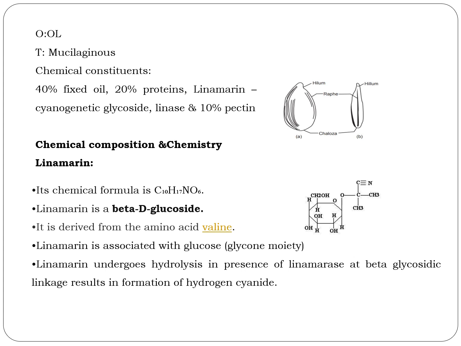Linamarin is a beta-D glucoside. It is derived from the amino acid valine. It is associated with glucose, that is, a glycoside. Linamarin undergoes hydrolysis in the presence of linamarase at the beta-glycosidic linkage, resulting in the formation of hydrogen cyanide.